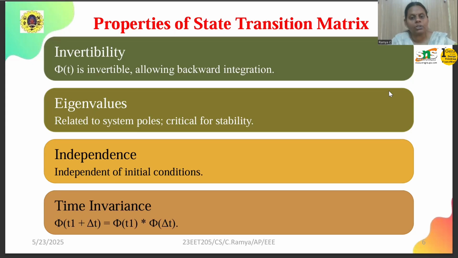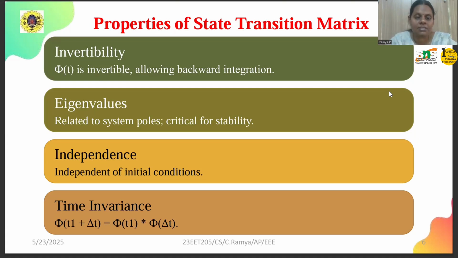Let's now explore the key properties of this state transition matrix. First one is invertibility. So phi of t is always invertible, which allows us to trace the system behavior backward in time. Next, we are going to see the eigenvalue connections. That is, the eigenvalues of matrix A directly influence phi of t and represent the poles of the system.